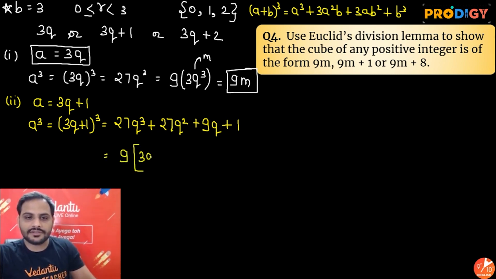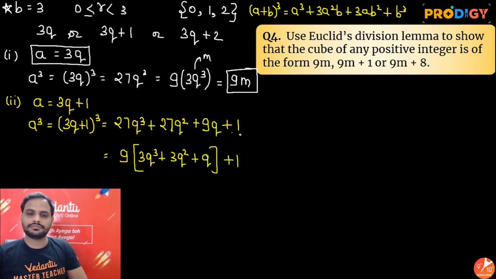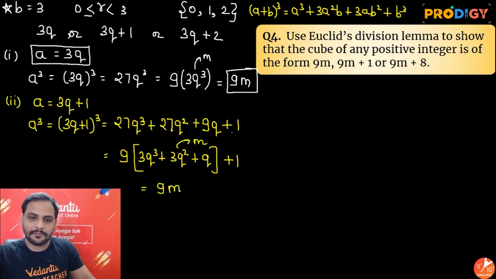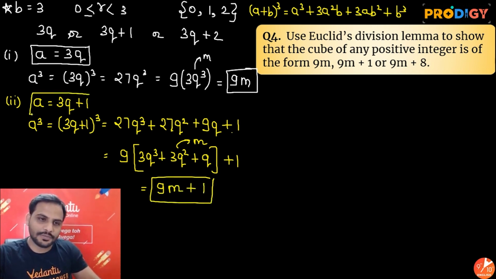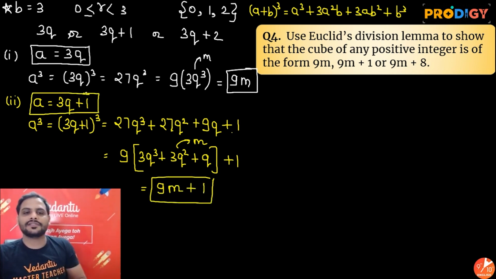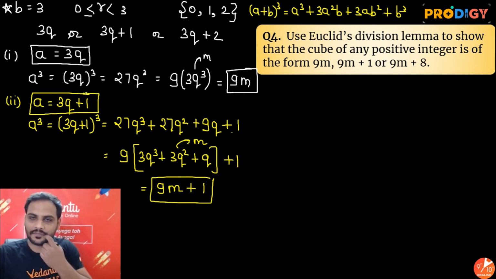I will be left here with 3q cube plus 3q square plus q, and then this plus 1 will be separate. If I write this as m, now the form is 9m plus 1. So if the number is in the form of 3q plus 1, its cube is in the form of 9m plus 1. Alright, let's look at the last case now.